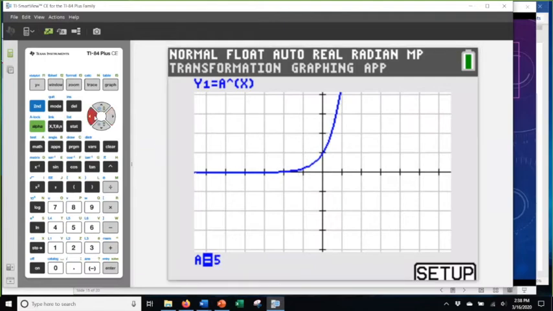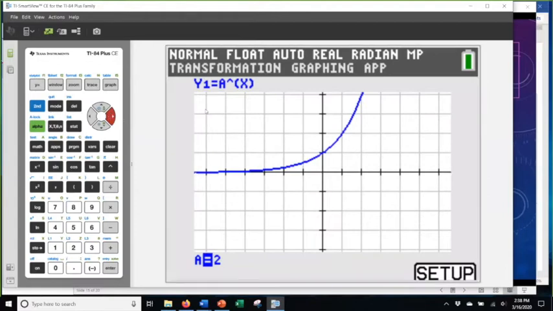What happens if a equals 1 or 0? Here's a equals 1. That's a line. 1 to the x. Here's 0 to the x, which is still a line but has a different domain. If I want to change my increment for my parameters, I could go back to the window settings, but notice this setup right here. That's right above my graph button.